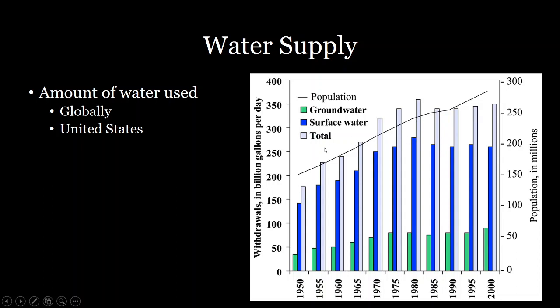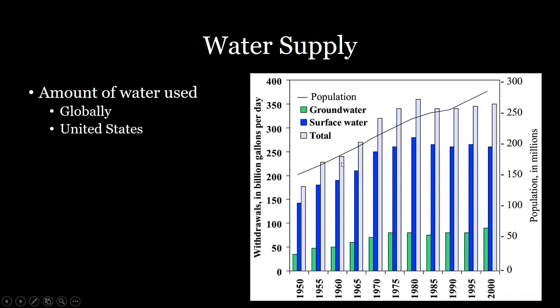And that's even while our population has been increasing. And the reason for that is that we have increased water efficiencies. So we have appliances that use less water. We're conserving water more. And so per capita, we have less water usage.